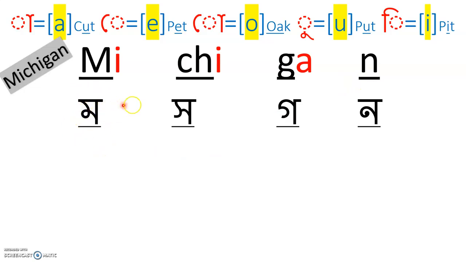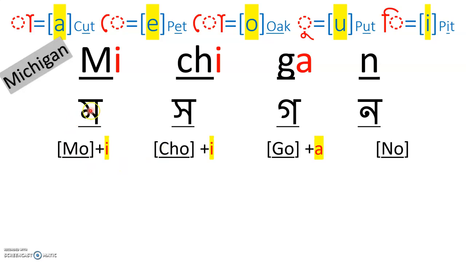Here are my letters, and instead of going backward to look at the reference page, I'll put the pronunciation on the bottom, which is Ma. This is the underlined area. This is Shaw. Sometimes there can be CHO, sometimes SHO. It depends. This is Go, and this is No. And No doesn't really have any vowel or sound maker, so it's just No.